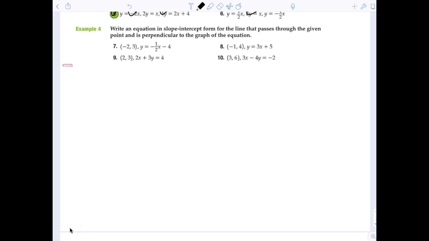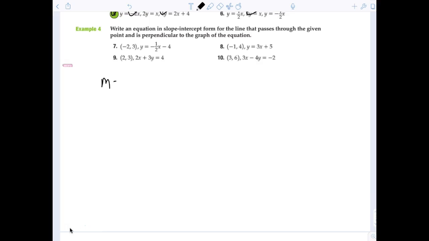Lines are parallel if the slopes are equal. Lines are perpendicular if the slopes are negative reciprocals. Let me give you an example.